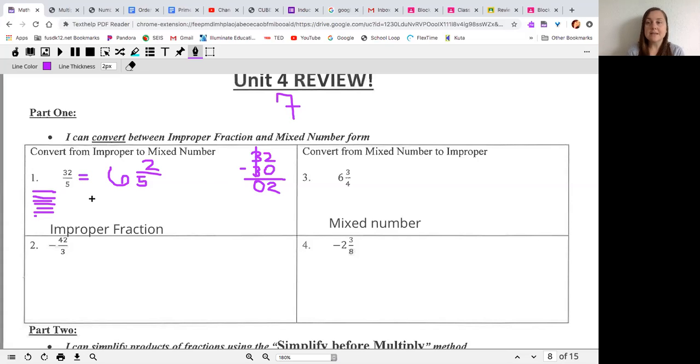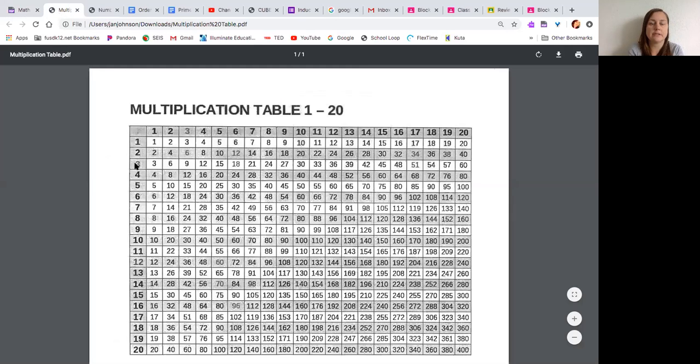So 6 and 2/5. These represent the same amount. We just look at it in different ways. So if drawing a diagram is easier for you, you can do that with all the separate parts. Again, I'm doing this with 42 over 3. So I'm looking at it and I want to know how many times can 3 go into 42.